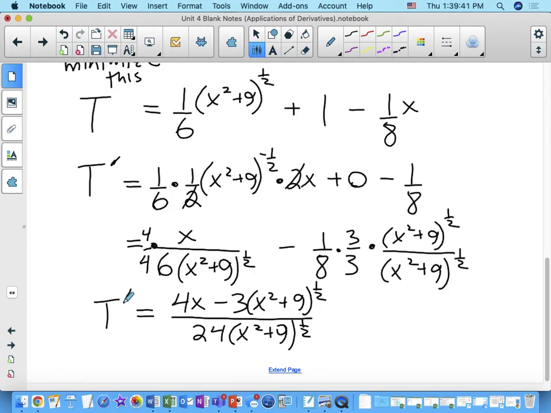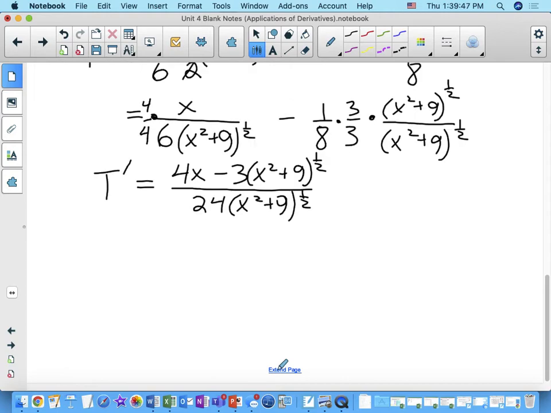And to get a max min, I need to know when is this equal to 0. Or also where are the critical values, right? Now, in the denominator, there is no value where this is equal to 0 because x squared is always greater than or equal to 0, but when you add 9 to it, it's always going to be greater than or equal to 9. So it's only going to come from the numerator, okay?